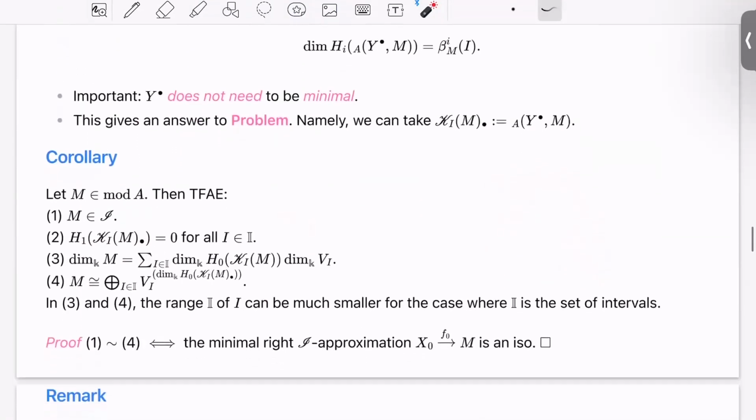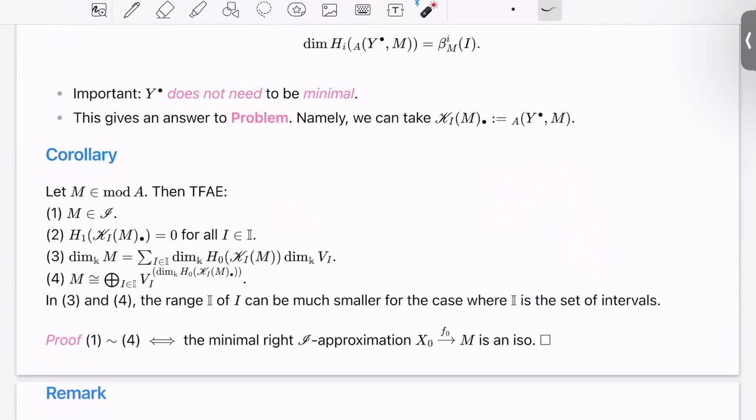Now as a corollary, it is possible to characterize when M is in I. Usually, as an application, I take G to be a direct sum of all interval modules. In that case, I becomes the interval decomposable modules. So this gives us the criterion for when the given module is interval decomposable.